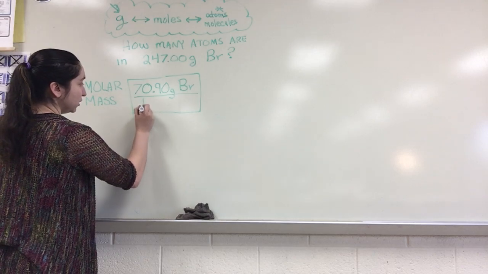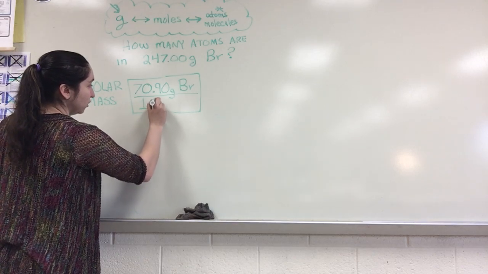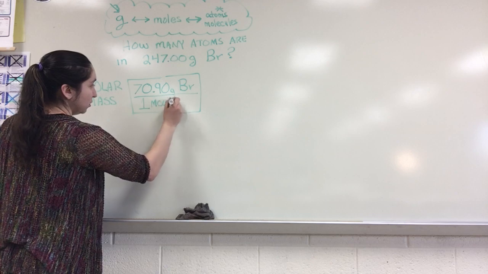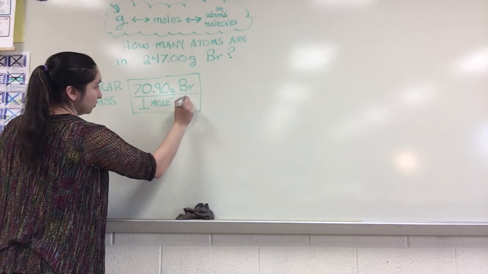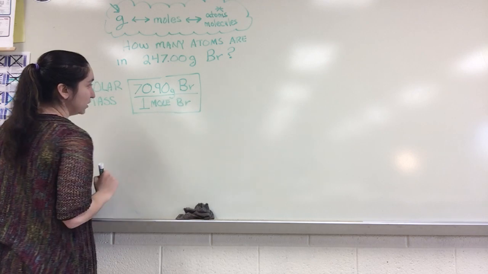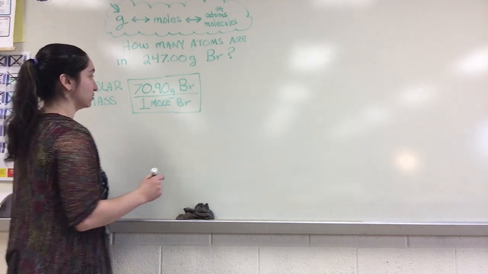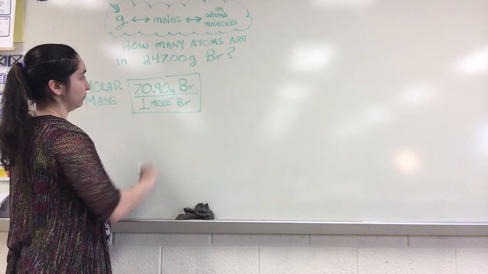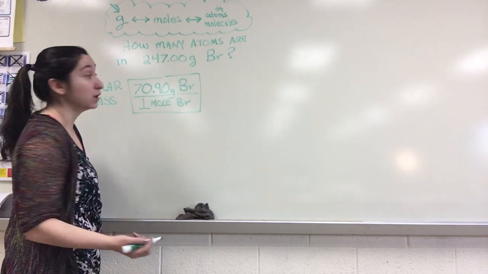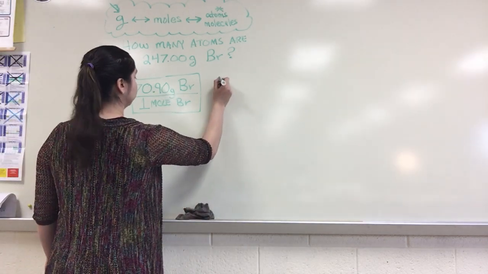So in 1 mole of bromine, okay? And it doesn't matter how I say this, really. I could also say there's 79.90 grams of bromine in 1 mole. Or I could write it this way.